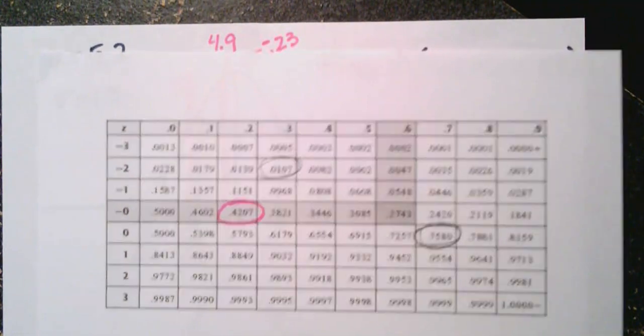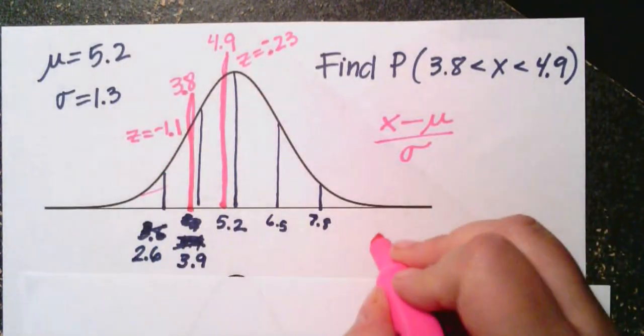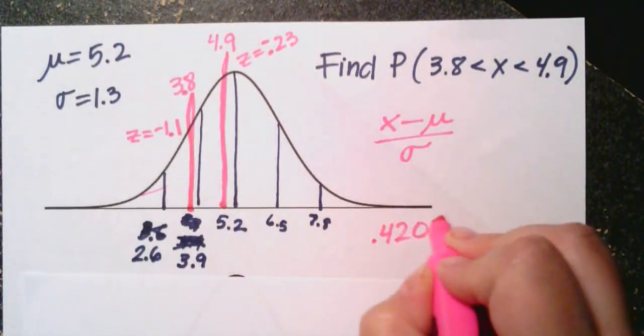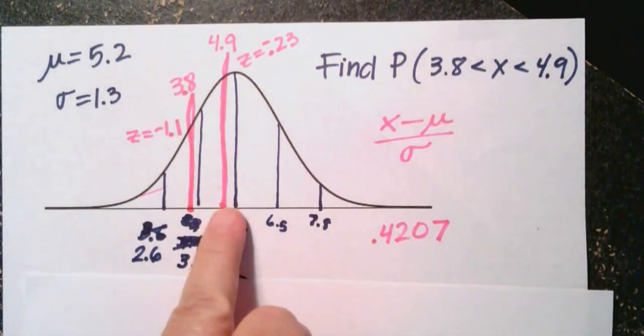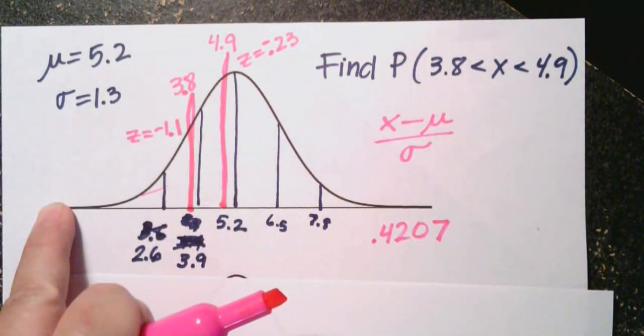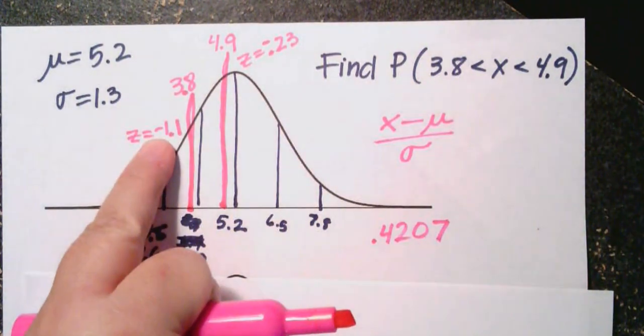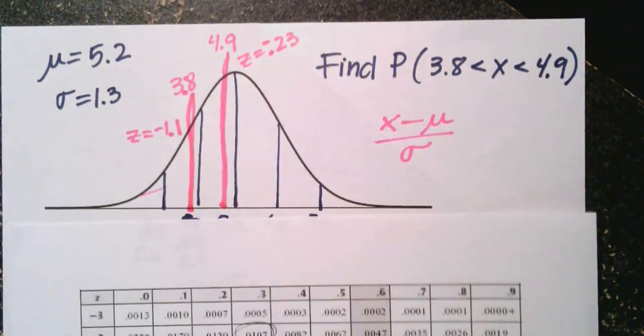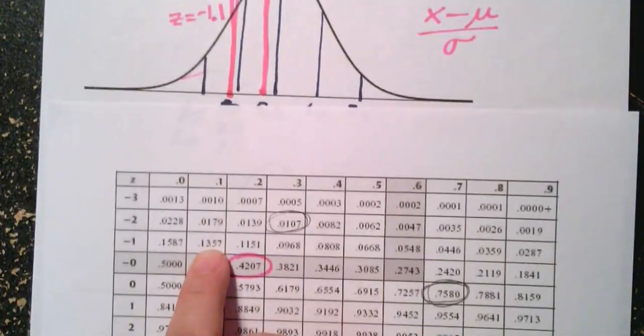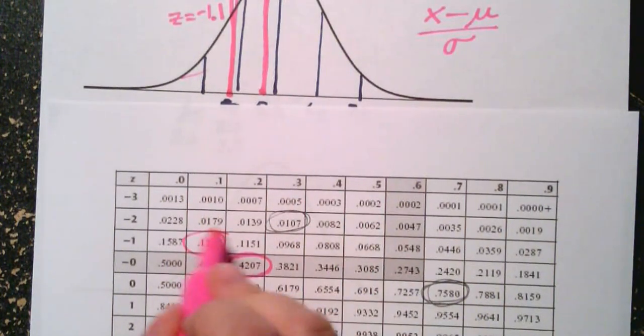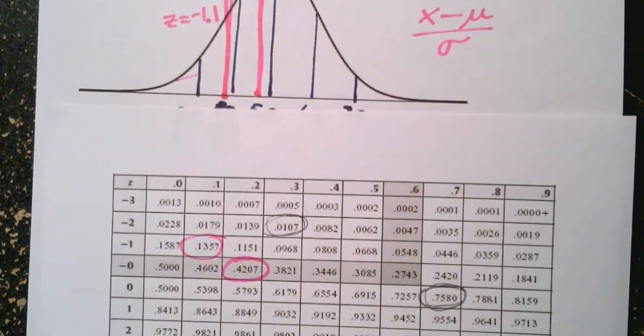So 0.4207. That's the probability of a point being anywhere to the left of this. Now I'm going to look at my z-score for negative 1.1, which is right here, 0.1357.